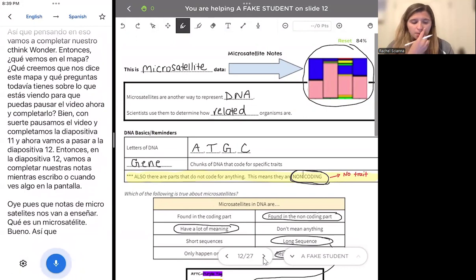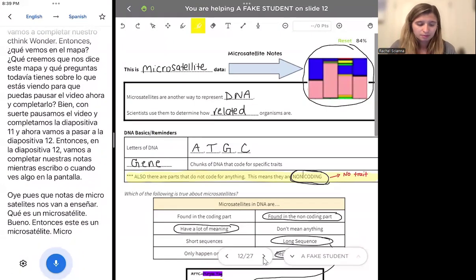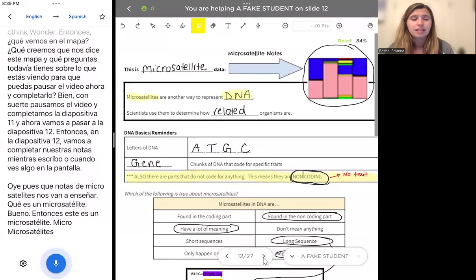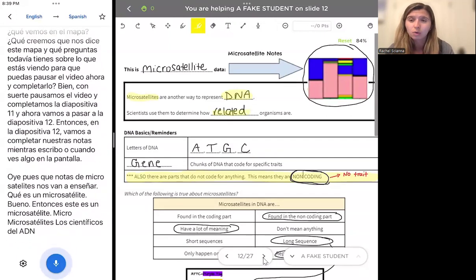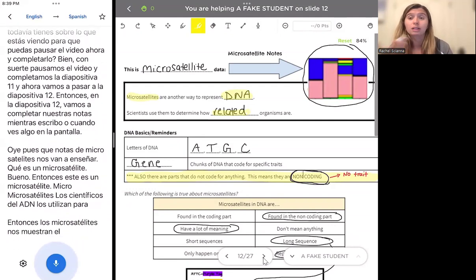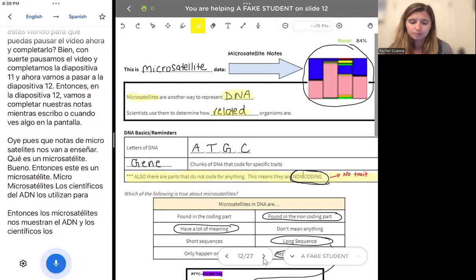Microsatellites are another way to represent DNA. Scientists use them to determine how related organisms are.